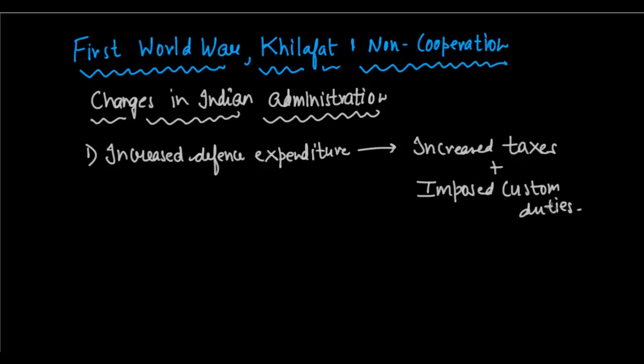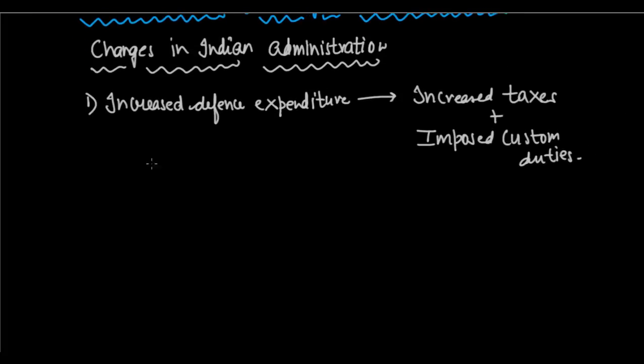When you're learning points, it's better to learn them in this flowchart form: increased defense expenditure, which was compensated by an increase in taxes and an imposition of custom duties. So they increased taxes to get money from people to use in defense, and for more money, they imposed custom duties on the people, right?